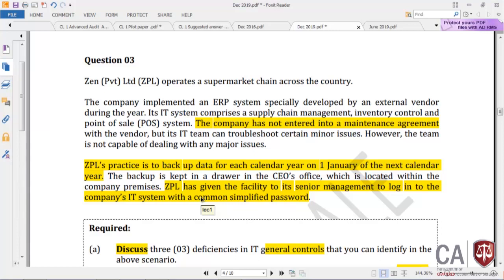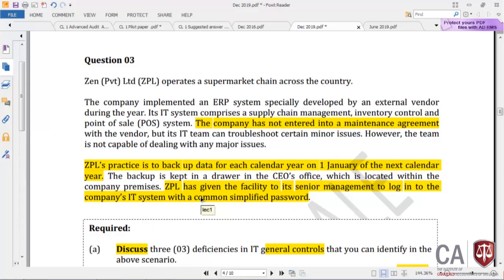So they give a common password for the finance department to get into the emails. What will happen? If you have given a common password, you cannot identify who engaged in the erroneous activity. You don't have records, you cannot trace what happened. So therefore, this is again a general control weakness. The proper password policy has not been implemented within the organization.